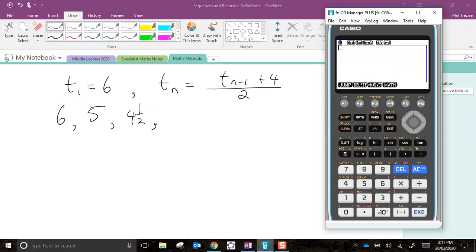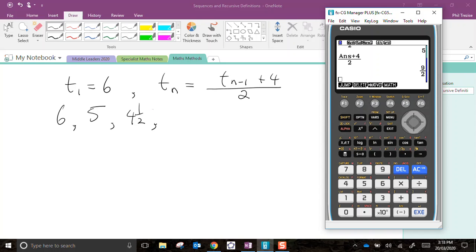I can use the calculator for these quite nicely. I'll start by putting 6 and then press enter, and that seems a bit useless, but what I did there was I stored 6 in the answer memory, and now I will write my formula by putting answer plus 4 over 2, and when I press enter I get the second term in the sequence. If I press enter again, it repeats the calculation.